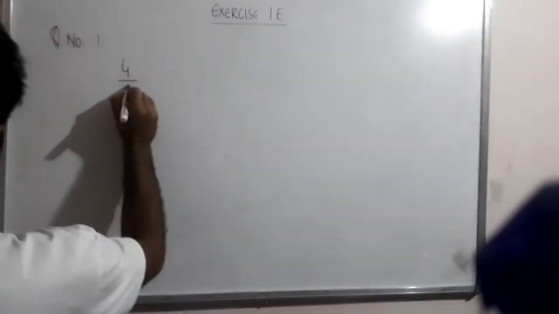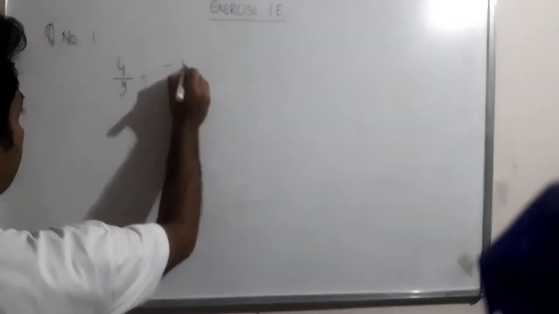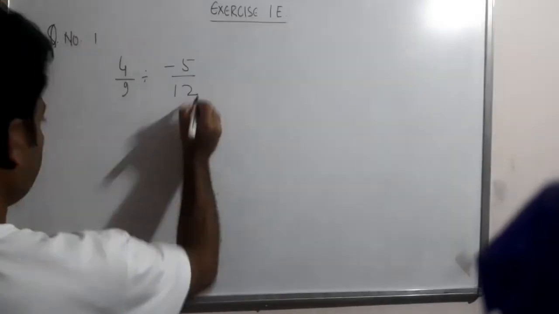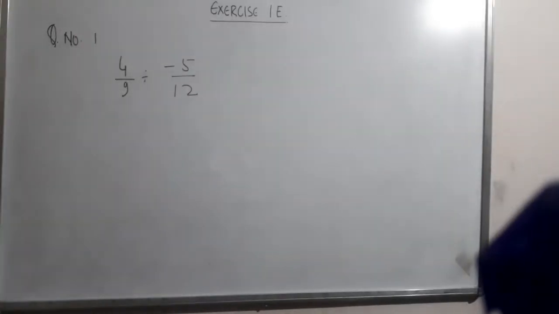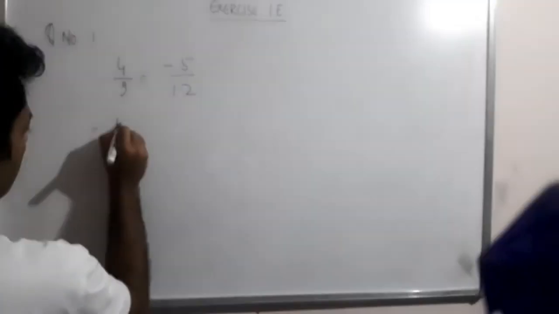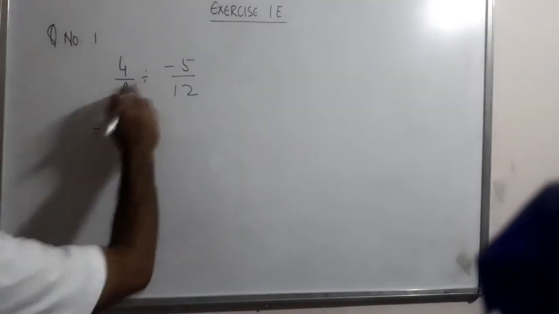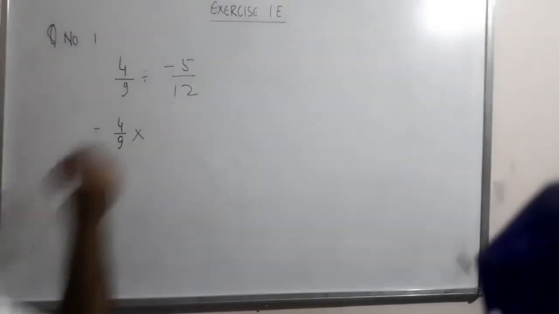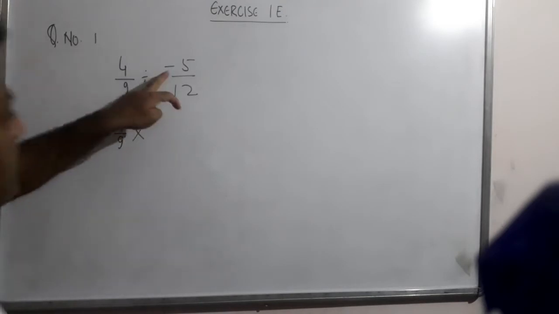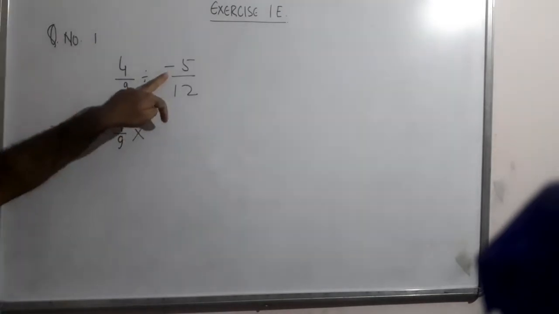4 by 9 divided by minus 5 by 12. So how will you solve? 4 by 9. In case of division, what do you do? Multiply. Now you will take the reciprocal of minus 5 by 12.